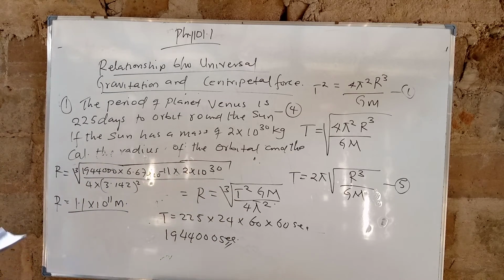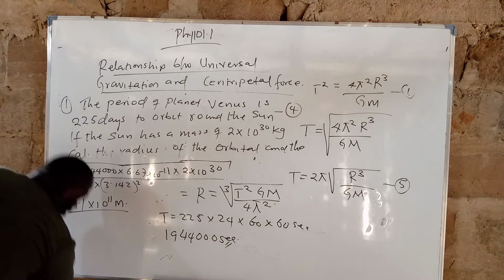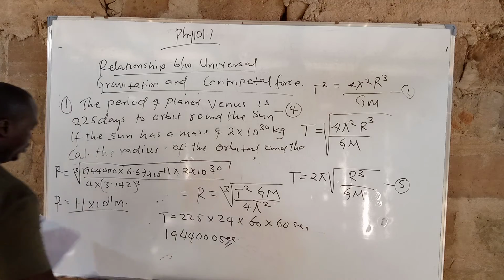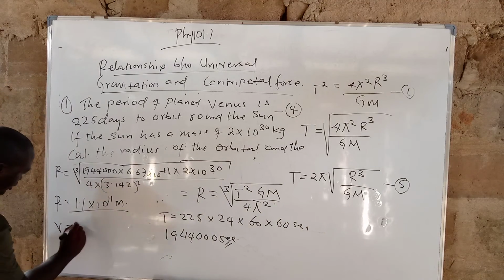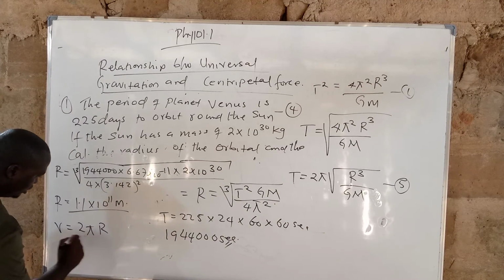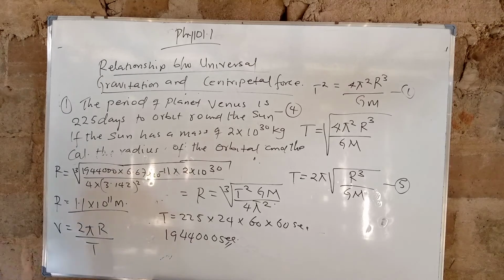Good. The next thing is they say we should calculate the orbital speed of the planet. From uniform circular motion, and the formula we have proved so far, you already know that v equals 2 pi r all over t. And so you can simply substitute all these values to get your answer.